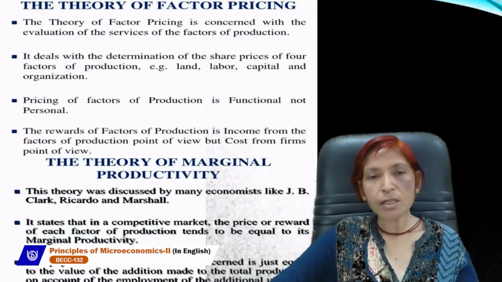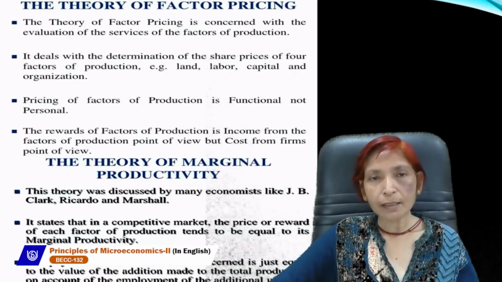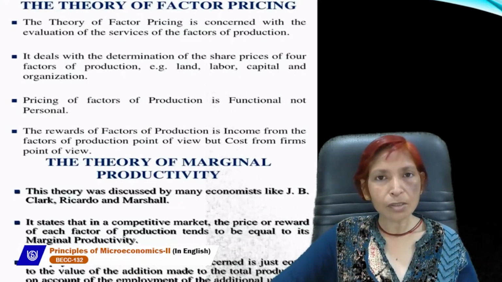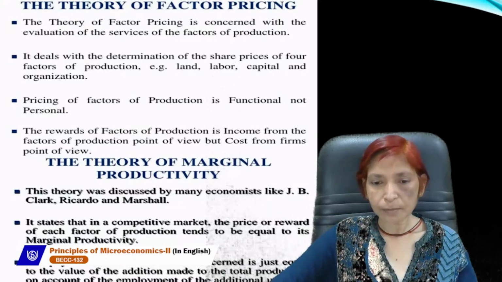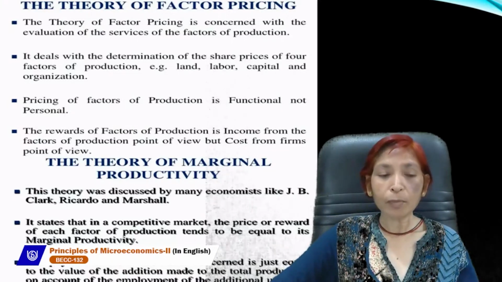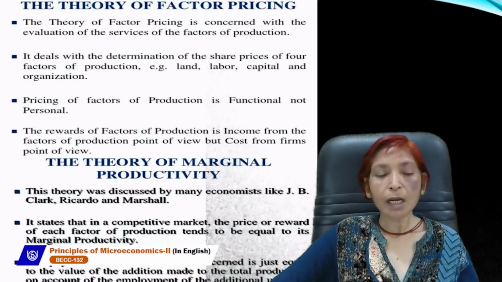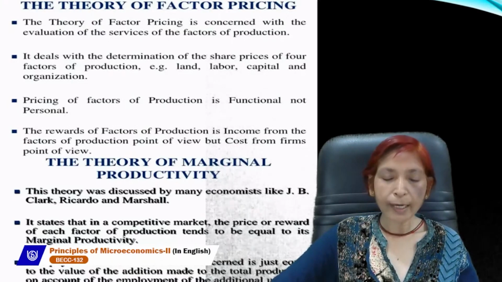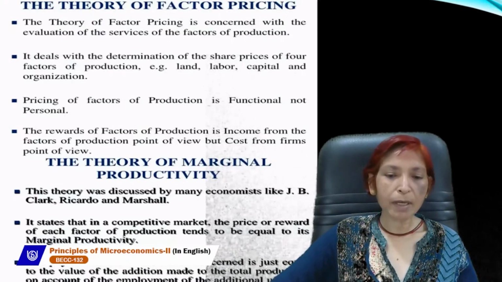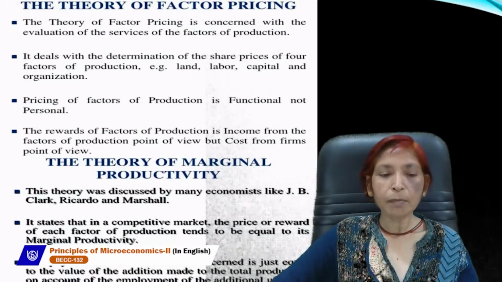The theory of marginal productivity. You must remember that the theory of marginal productivity was discussed by many economists, but the main persons who contributed to this theory were J.B. Clark, Ricardo, and Marshall.